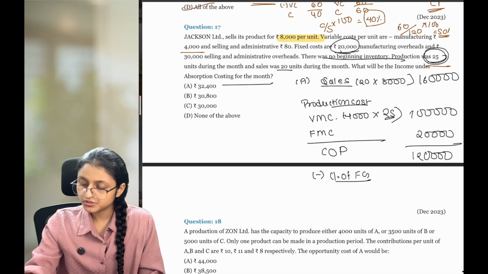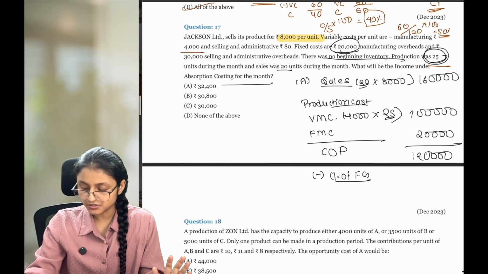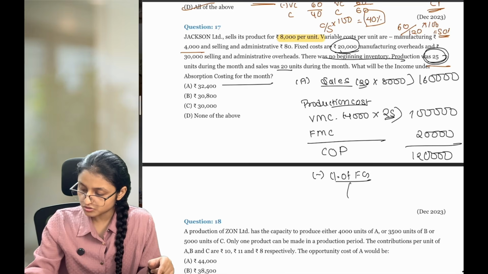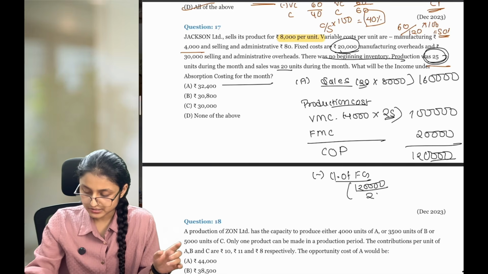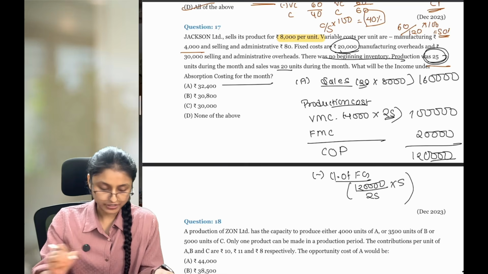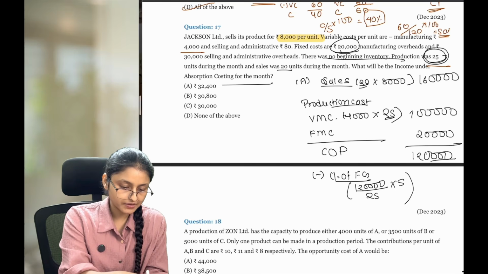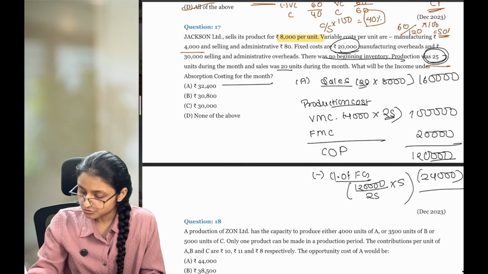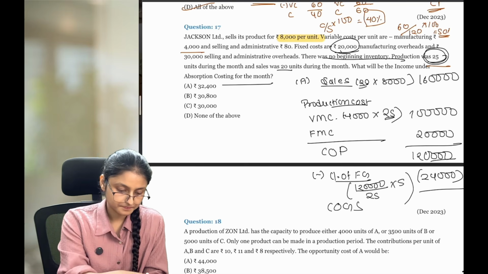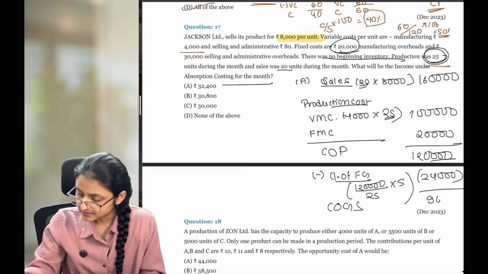Out of 25 units which we are producing, we are selling only 20 units. That means 5 units are there in closing stock. For calculating their value, we are going to take the cost of production, which is applicable for 25 units. We want to calculate for 5 units. 1,20,000 divided by 25 into 5 will give you 24,000 rupees. And if I reduce this, I am going to get my cost of goods sold, which is equal to 96,000.